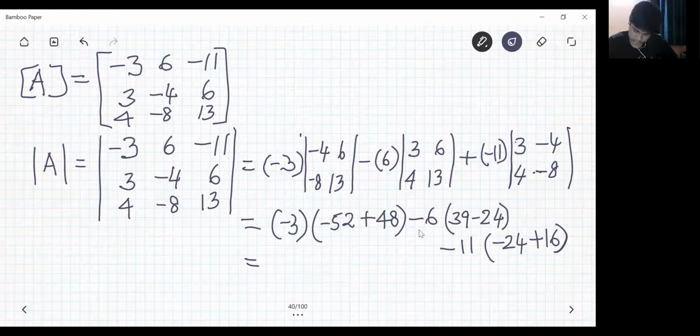First one, how much did you get? First term. Minus 12. Minus 12? How? Sir, now minus 52 plus 48, so it becomes minus 4. Correct, isn't it? 39 minus 24 is 15. Minus 24 plus 16 is minus 8. Correct.